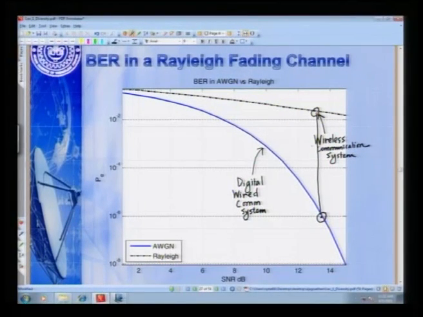So, that is essentially an idea, and look at how slowly this is decreasing with respect to SNR compared to the wired communication system, which decreases to 10 power minus 8 bit error rate at almost 14 dB. But at 14 dB, look at how high the bit error rate of a wireless communication system is. It is still greater than 10 power minus 2. So, that is essentially the reason why the bit error rate of a wireless system is higher than a wired system.